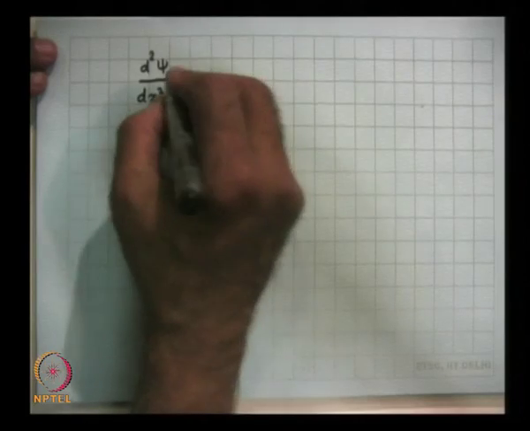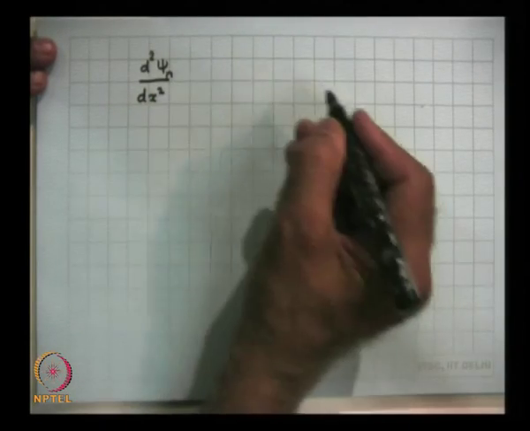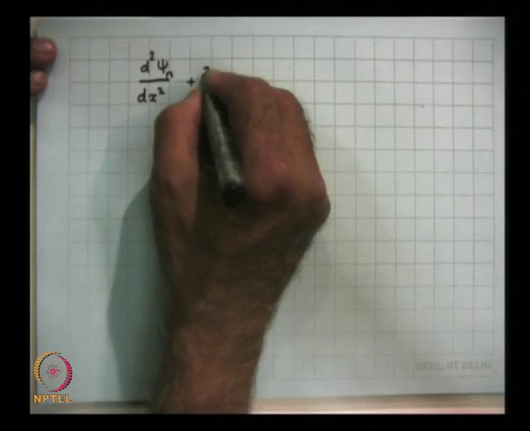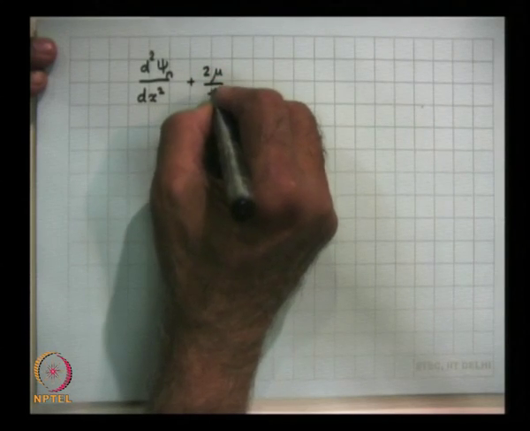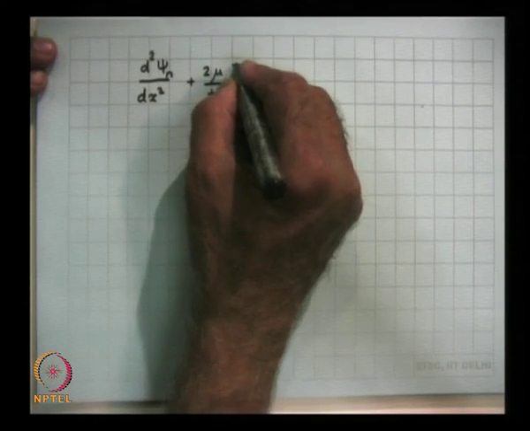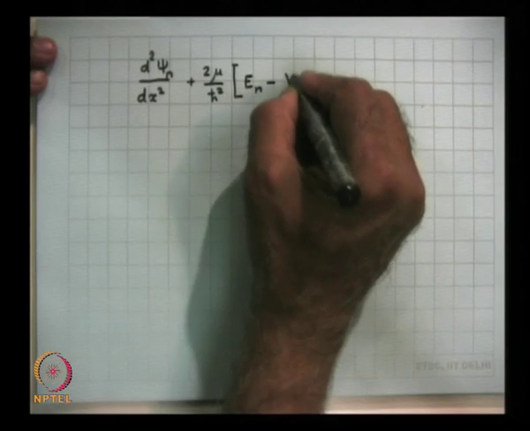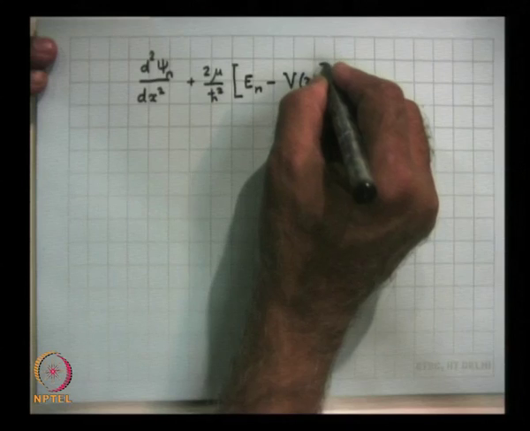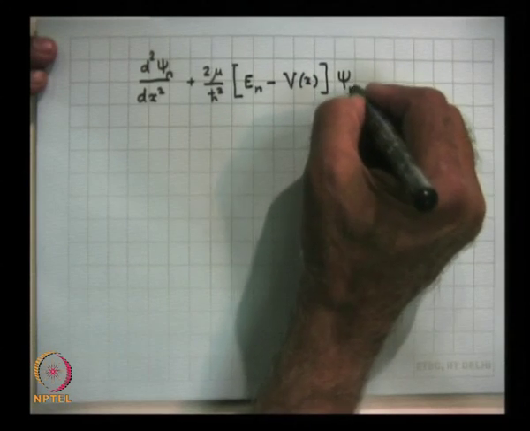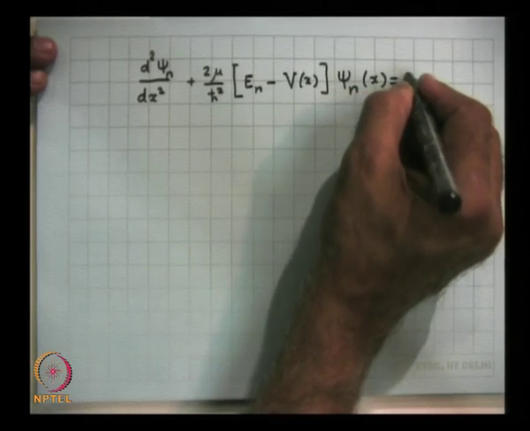For a general V of x, we assume that psi n of x is an eigenfunction belonging to the eigenvalue: d2 psi n by dx square plus 2 mu by h cross square, E n minus V of x, psi n of x is equal to 0.